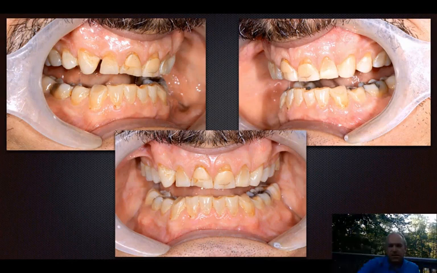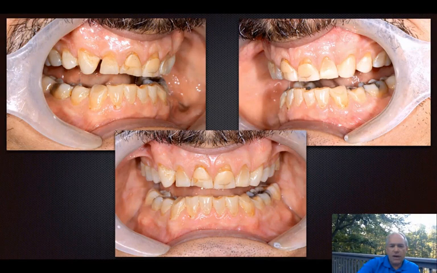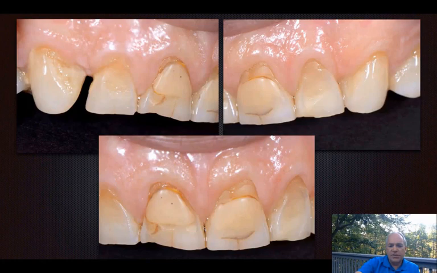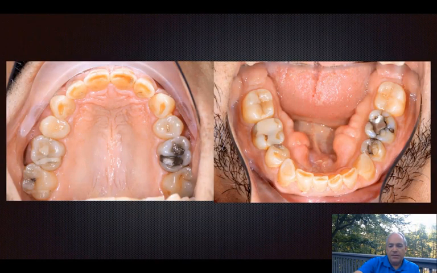Think about the signs and symptoms of occlusal disease: the wear, mobility, migration, sore muscles, and the potential TMJ issues. Pretty much all the signs of instability in this case are related to the dentition and the fact that the occlusion is not stable, primarily because of lack of harmony with the envelope of function.